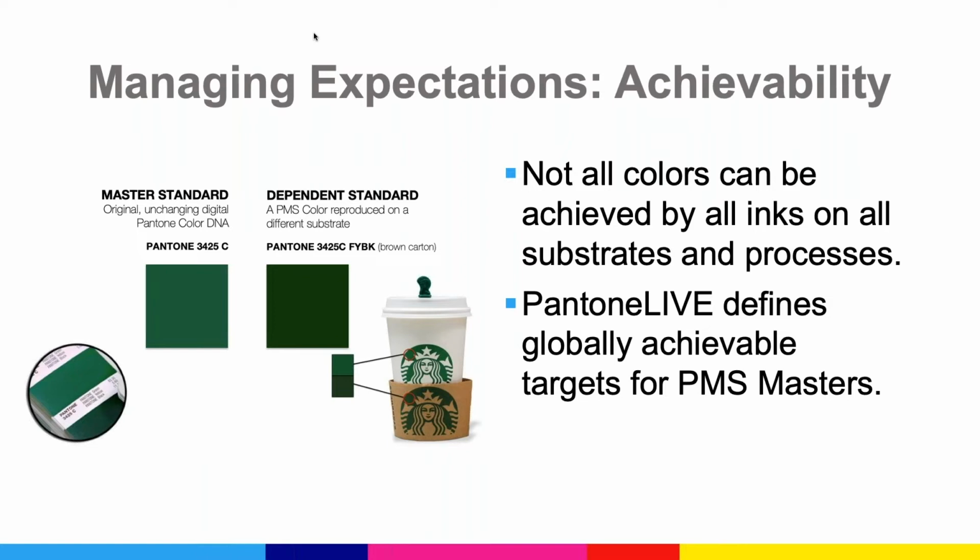So more on the difference between a master and a dependent with this example here. We all know that, as we already covered, we print the Pantone masters in the formula guide with paste inks on an offset litho press, but these are not how all Pantone colors are produced.